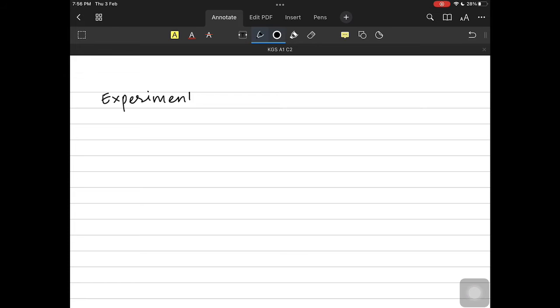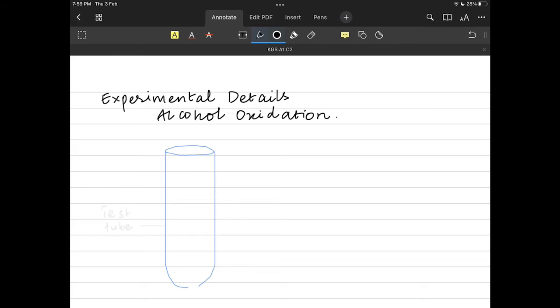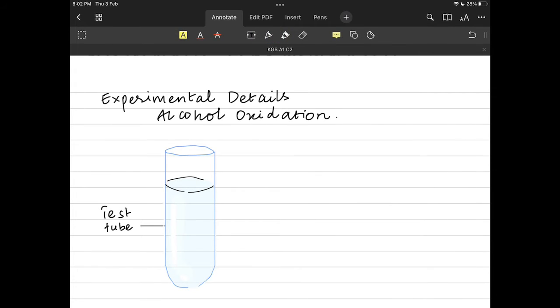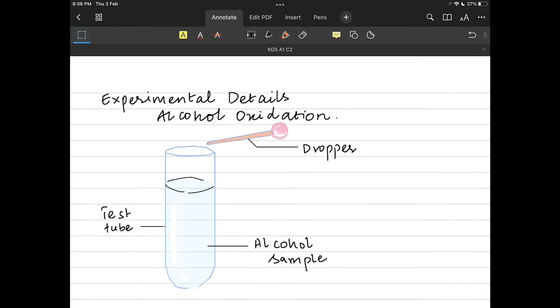Now, if we have to talk about the experimental requirements, we can see the idea of the oxidizing agent which is required. So alcohol oxidation experimentally requires, let's suppose we have a test tube over here, and then we have the alcohol sample, let's say any alcohol, ethanol, propanol or butanol.